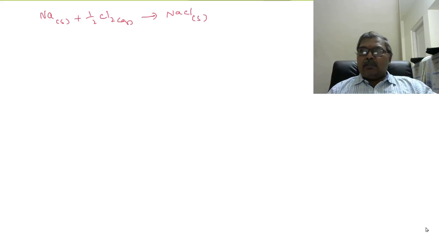Now, here the energy change in the reaction is delta H naught, because in this step 1 mole of NaCl is formed from its constituent elements. The amount of energy released or absorbed when 1 mole of compound is formed from its constituent elements is called enthalpy of formation.